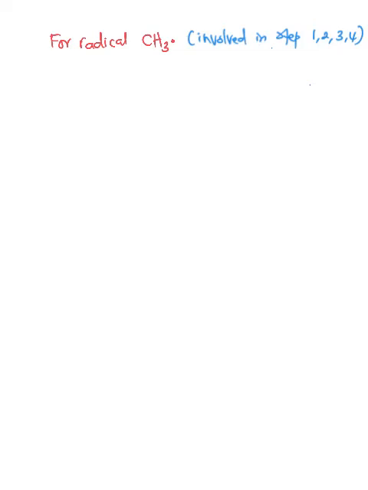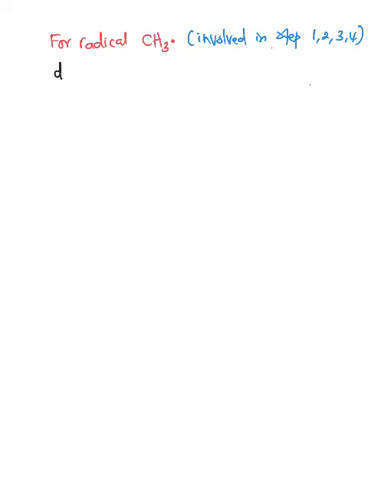Then you need to look at which step the radical appears and disappears. For the first step, radical species CH3, d[CH3]/dt.